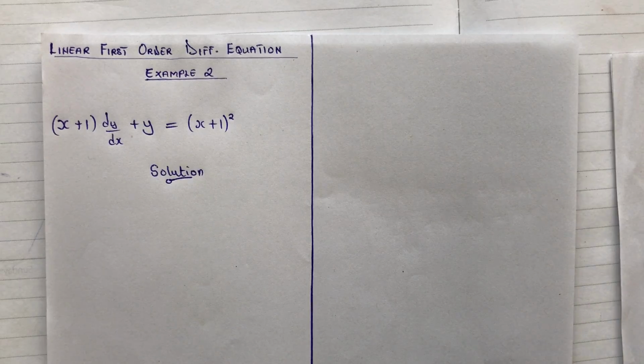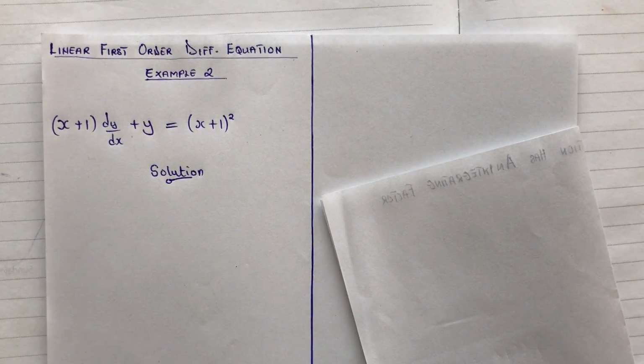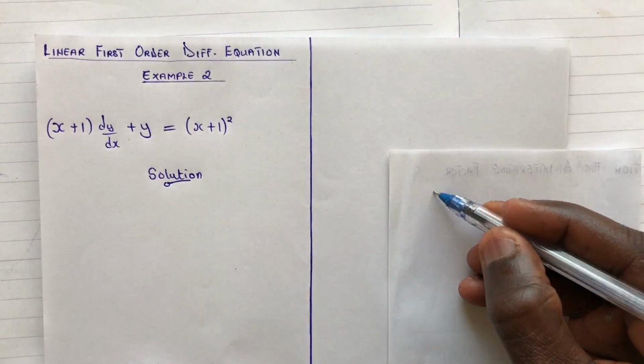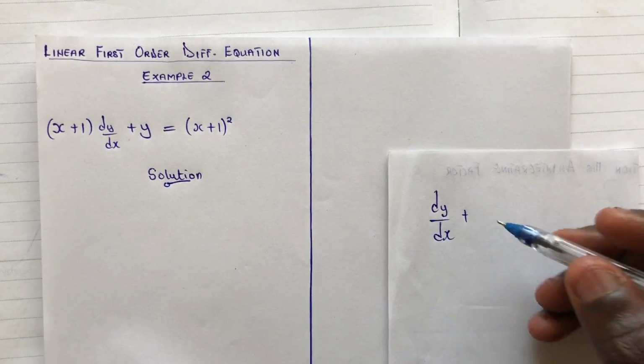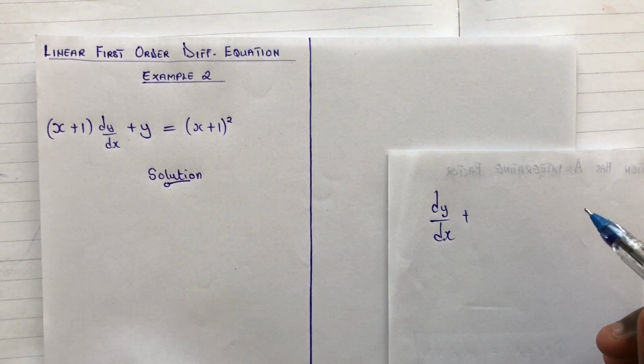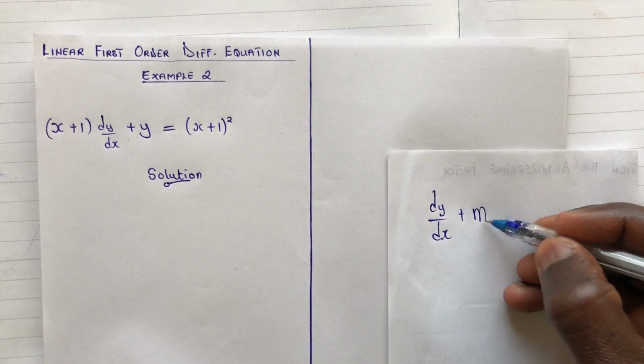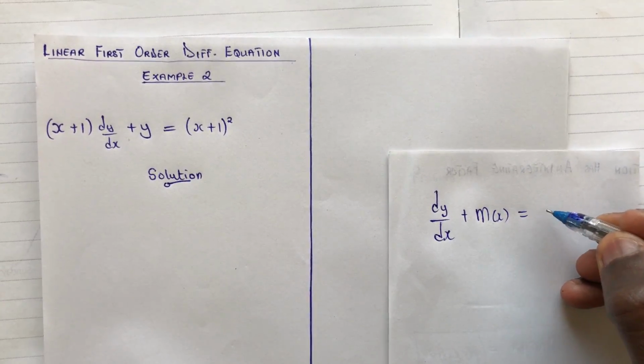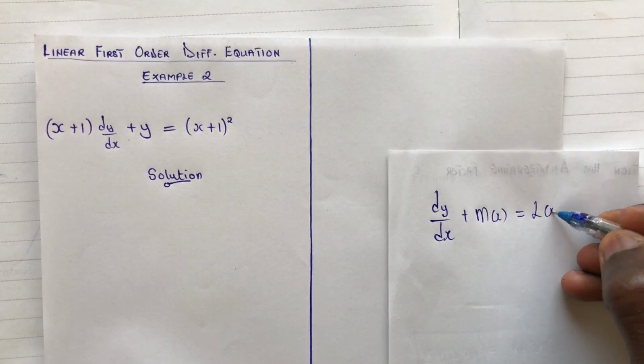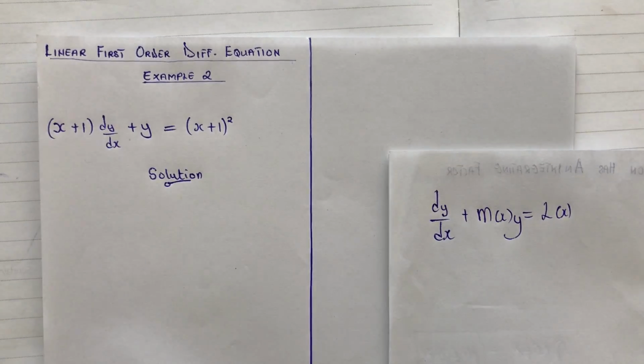So we learned that the linear first order differential equation is usually in the form dy dx plus, let me use the variable m, plus m of x times y equal to, let's say, L of x. So there is a y here.